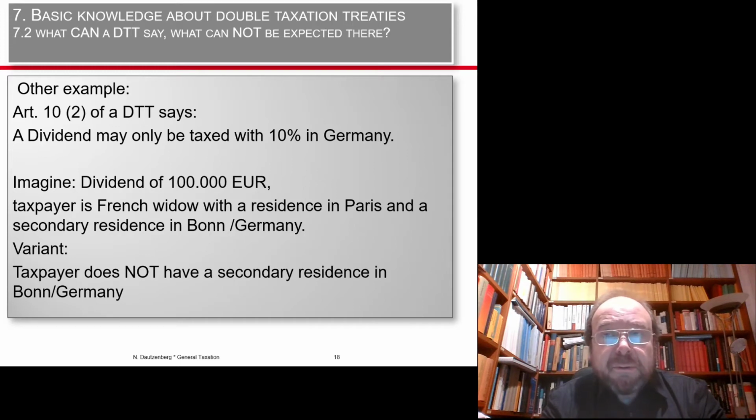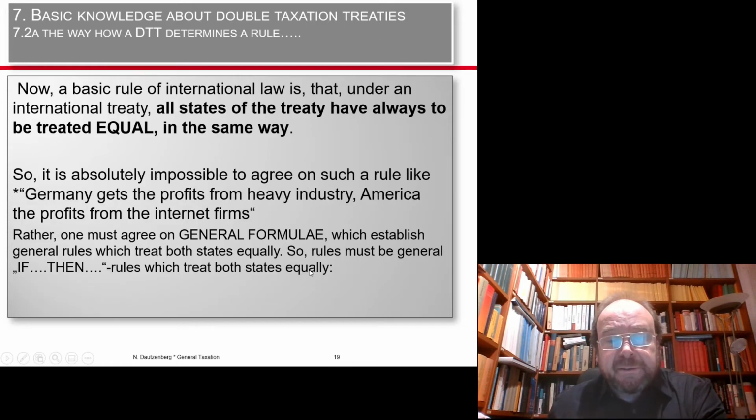Now German law would say, good, you don't have a German regular tax return to hand in, but you get your money back by way of an application to the so-called Bundeszentralamt für Steuern, the Federal Central Office for Foreign Tax Relations. And nevertheless, that would be the result.